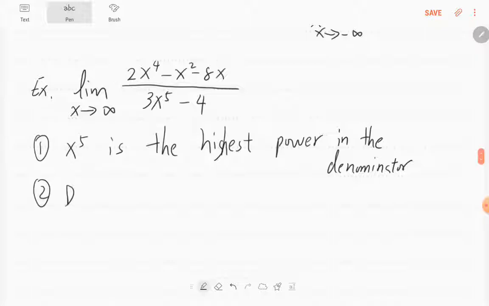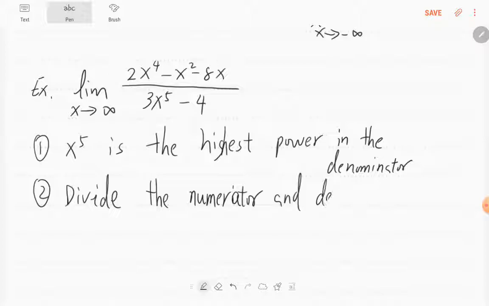The second step, we divide the numerator and denominator by x to the fifth.